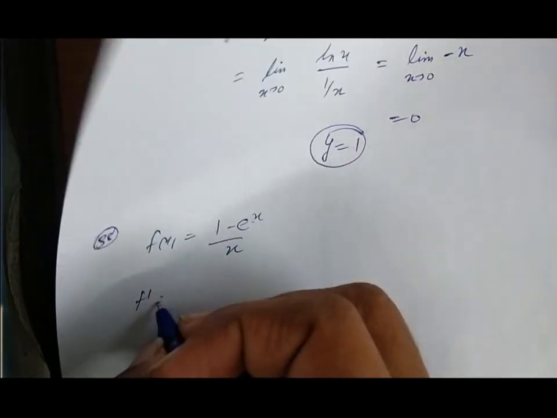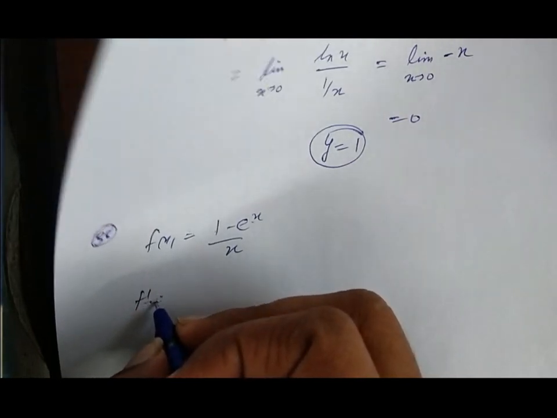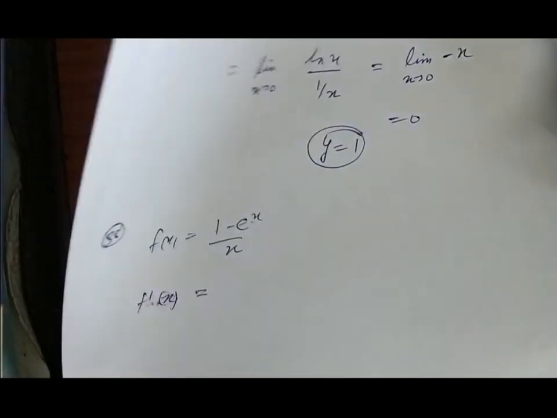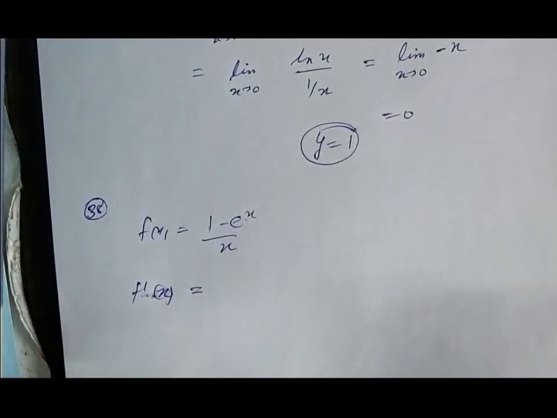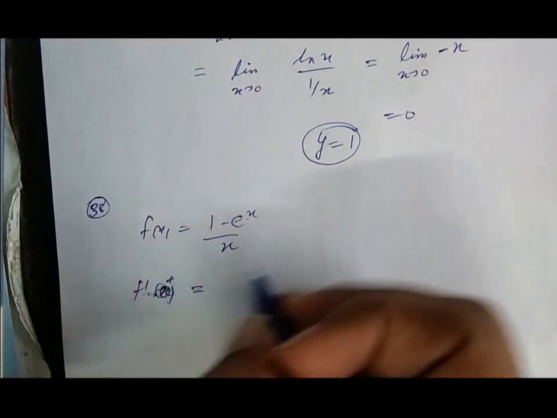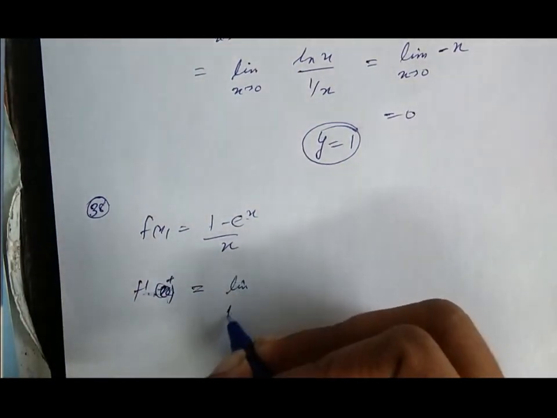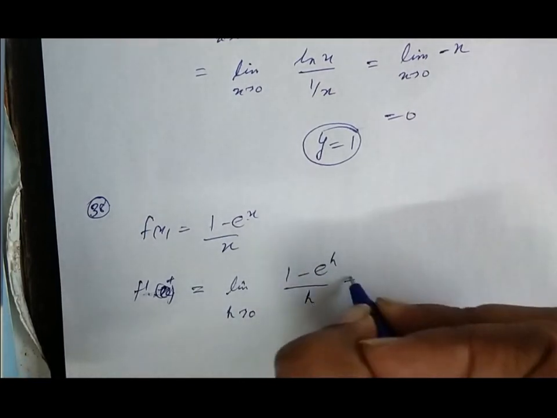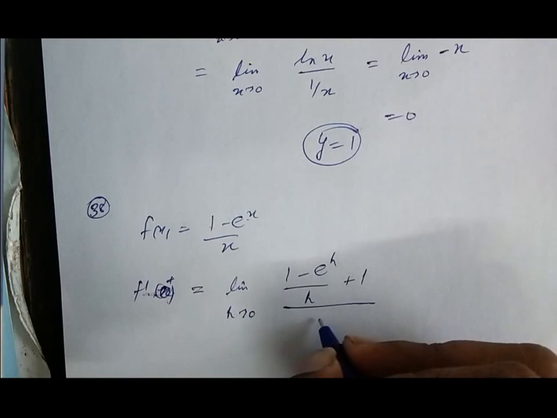So calculate f dash first. So for 0 positive, f dash 0 positive is equal to limit h tends to 0, 1 minus e power h upon h plus 1 upon h.